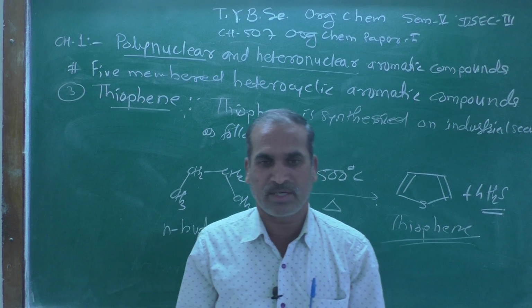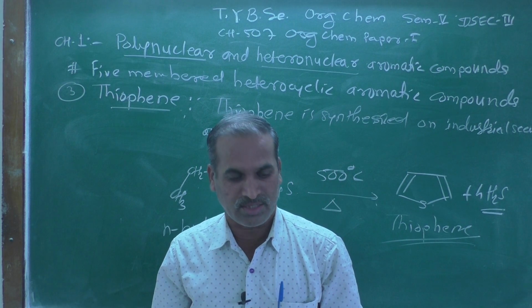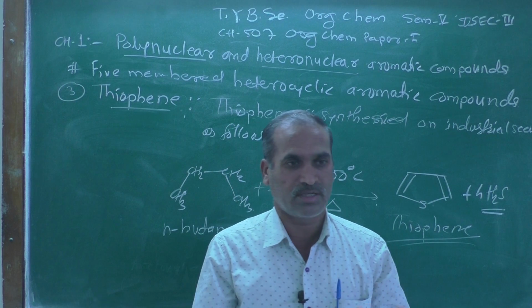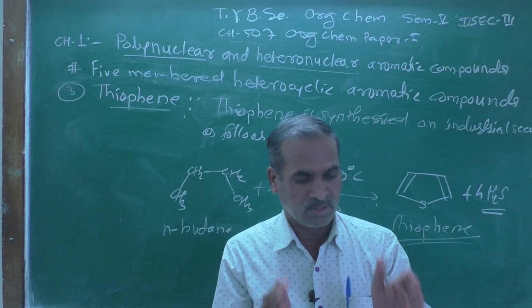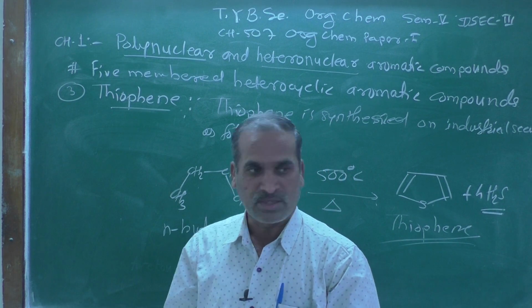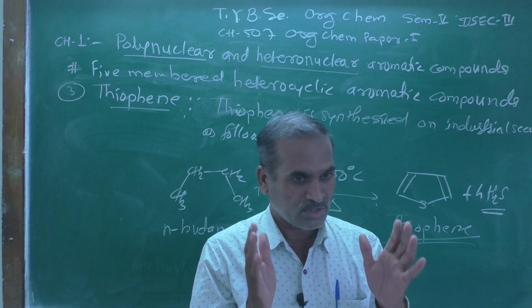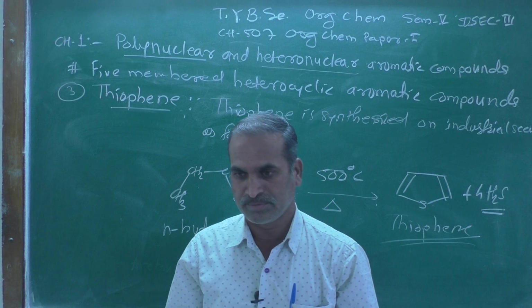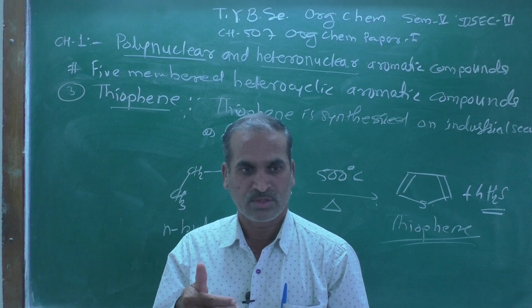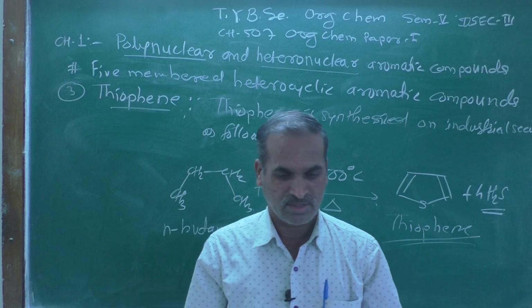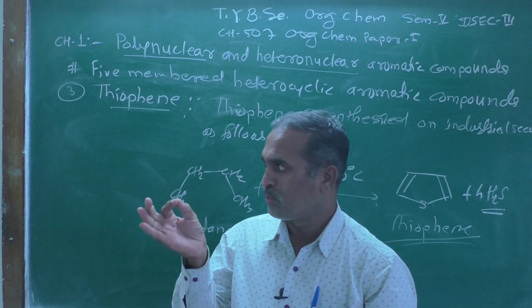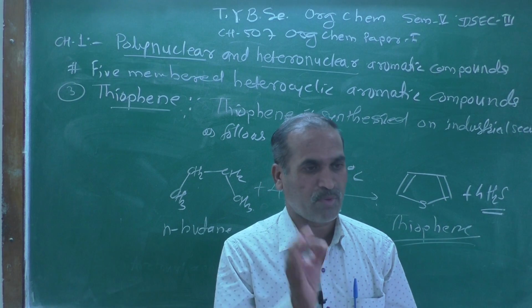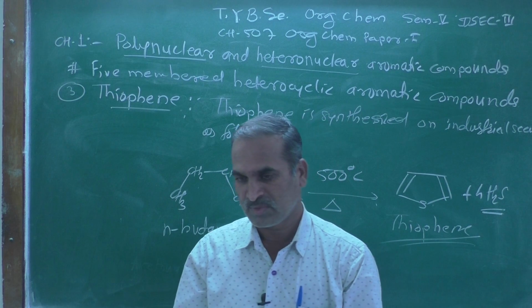Do you remember whatever we discussed yesterday? I think yesterday we discussed the synthesis of thiophene, and there are two different methods used to synthesize thiophene. One method is a polymer synthesis.